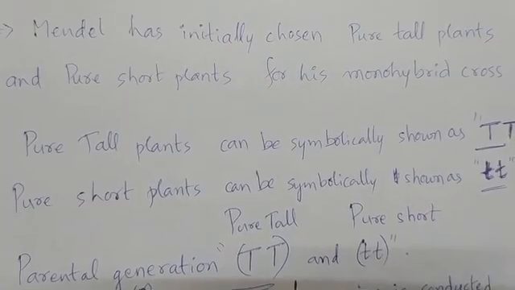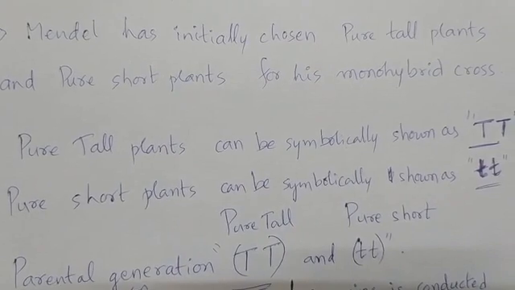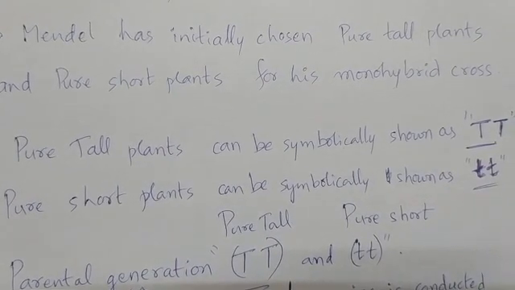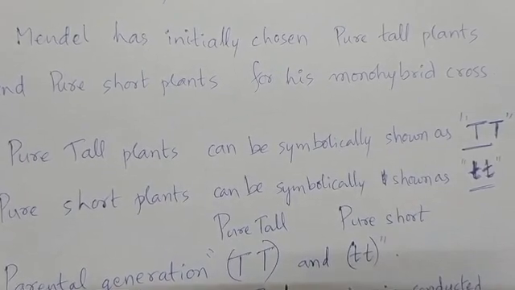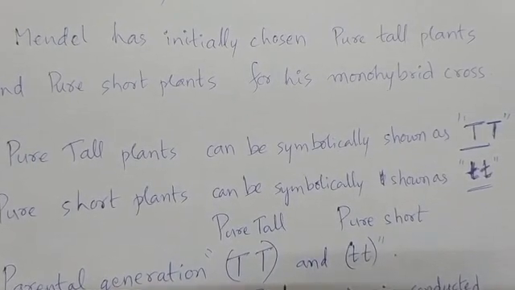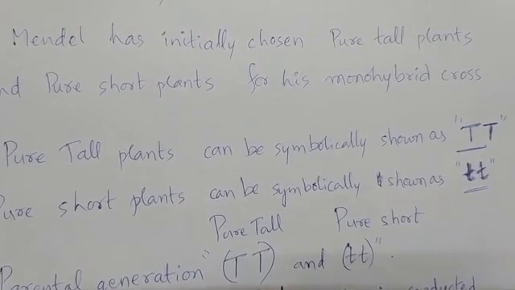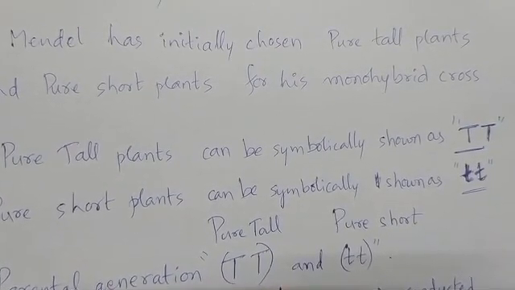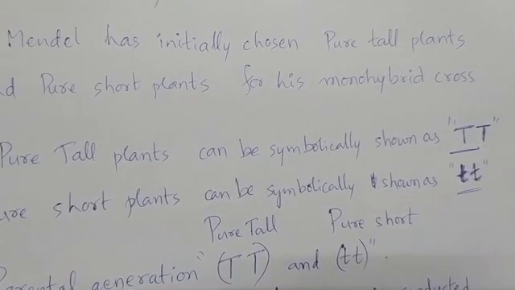Pure tall plants, I already told you, both the copies of genetic information for the trait tallness are same. Pure tall plants can be symbolically shown as capital T and capital T. And pure short plants can be symbolically shown as small t, small t, for our better understanding.